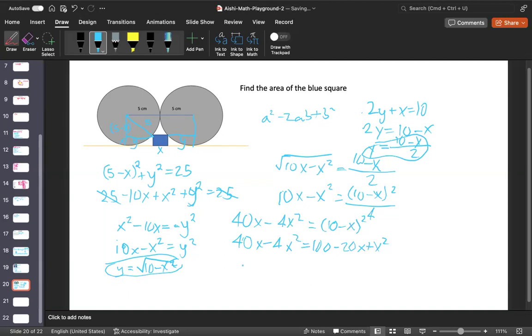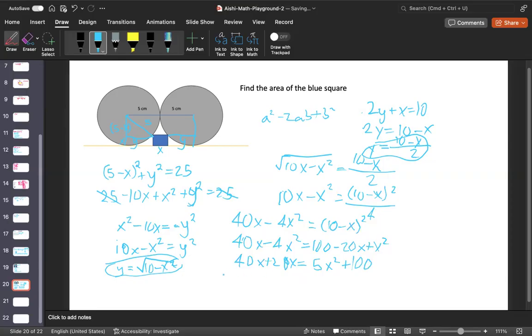So now let's do 40x plus 20x is equal to 5x squared plus 100. Okay, so now let's turn this into a quadratic equation.